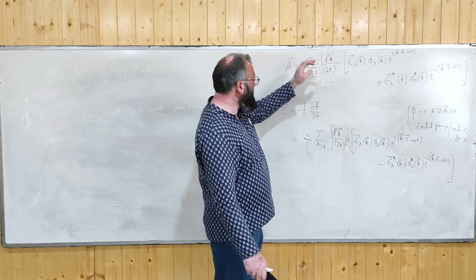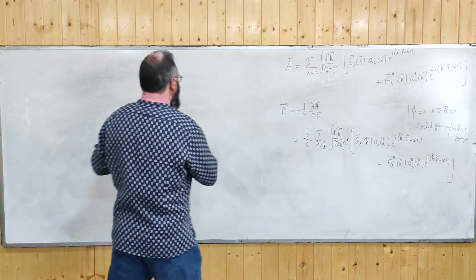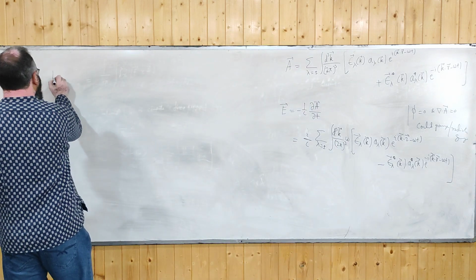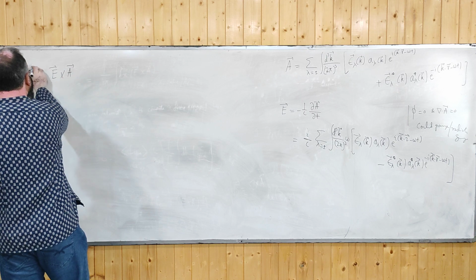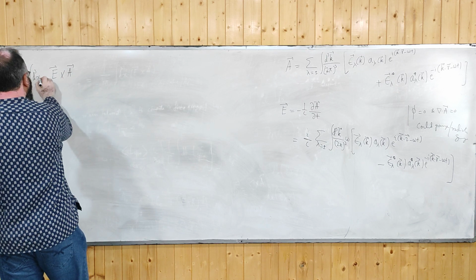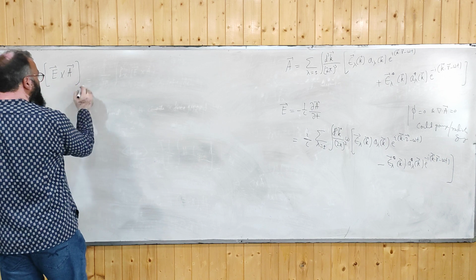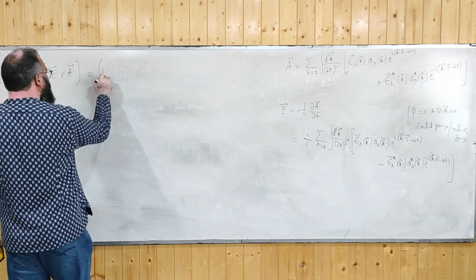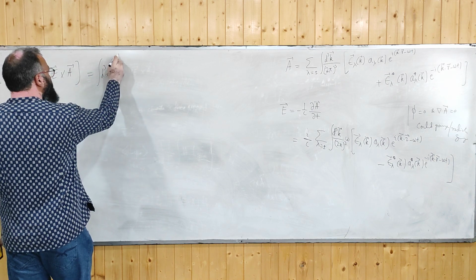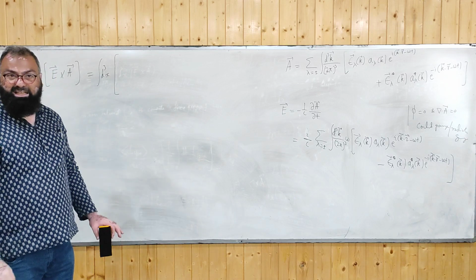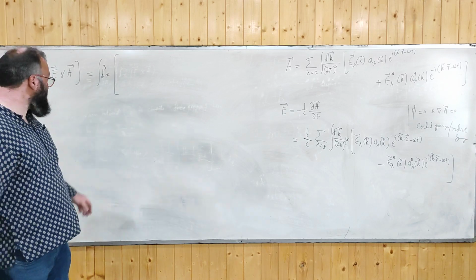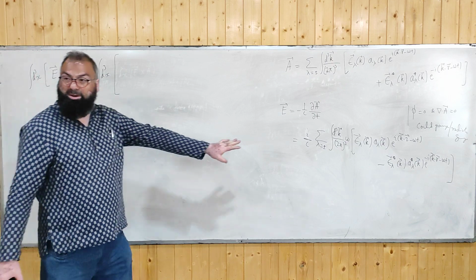Now look here, when I take E cross A, and there is an integration over x, let's write it. It is the integral d3x of E, this very object.